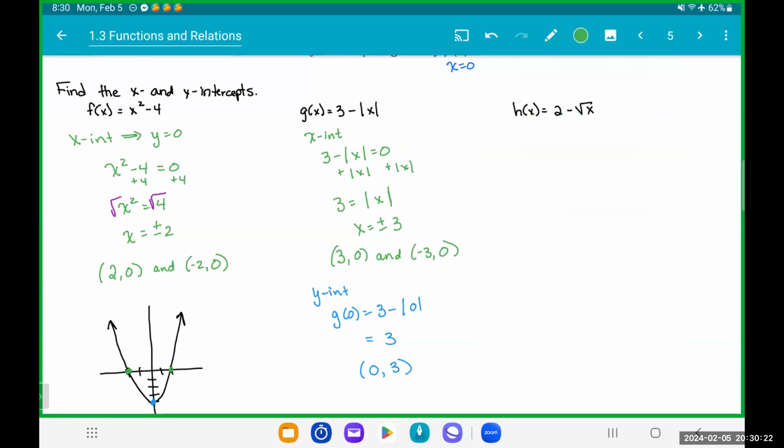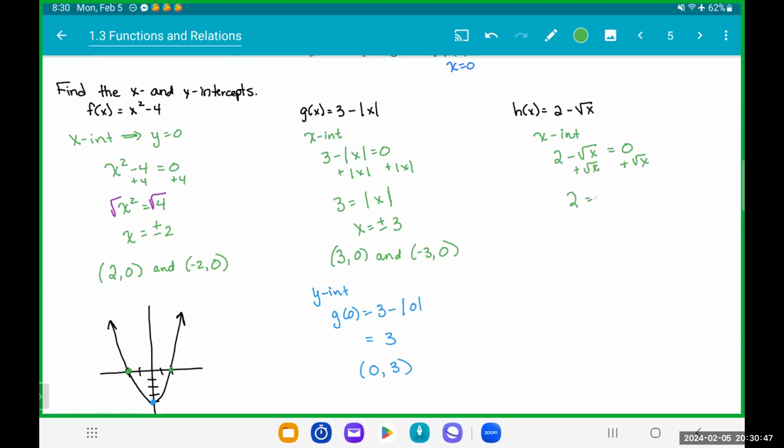Last example of this kind, we have h of x equals 2 minus the square root of x. So we have, again, let's look at our x-intercept first. So we have 2 minus square root of x equals 0. We can add the square root of x to both sides.